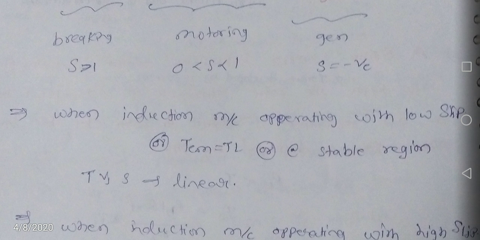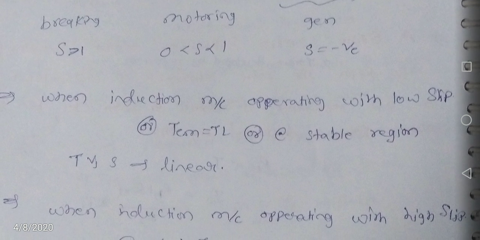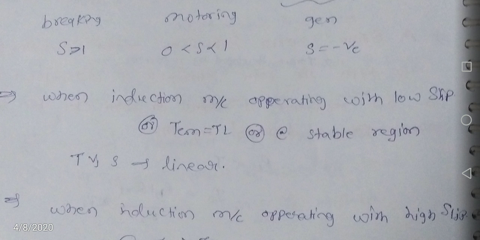When an induction machine is operating with a low slip, or Tem equal to TL, or in the stable region, torque versus slip is linear.